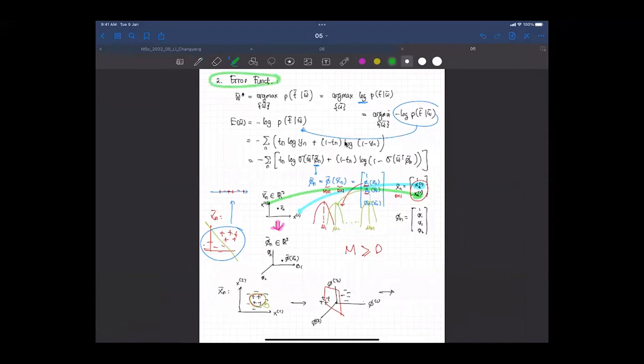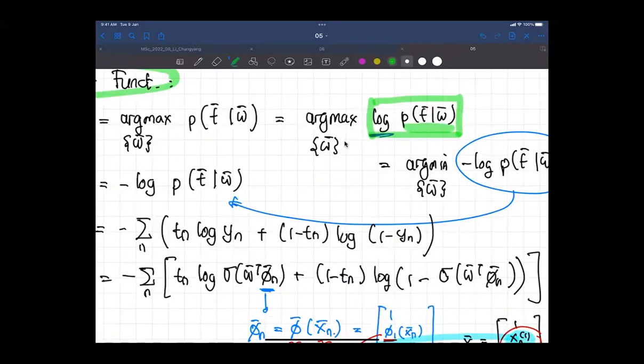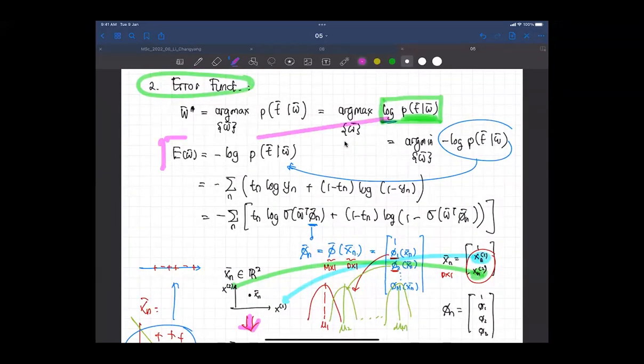After we have data modeling, we have the error function, and we define the error function as log P. The P here is only for the likelihood. We define log P as EW. Agree with this? In likelihood estimation for classification, we define E as log P, if we only consider likelihood.